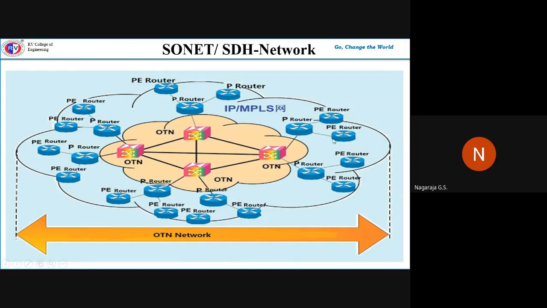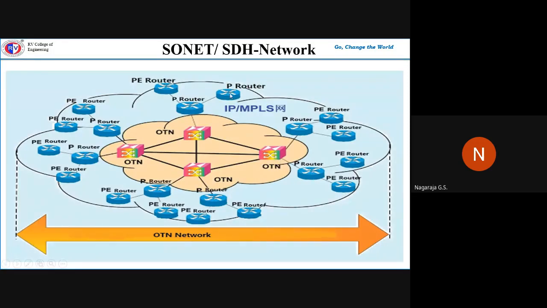From this particular OTN network, if you observe all around this network model, P routers are connected to a P router at the bottom, top, as well as the left hand side. And coming to the P router, all the time, this particular router is connected to an OTN core switching network.